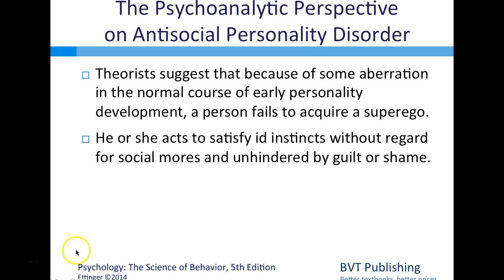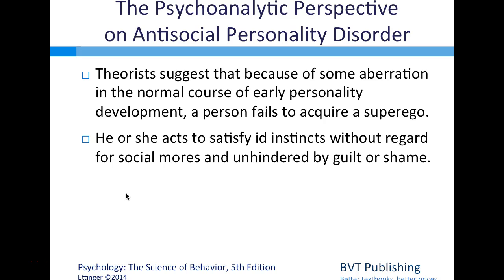Okay, the psychoanalytic perspective. Theorists suggest that because of some aberration in the normal course of early personality development, a person fails to acquire a superego. Remember that your superego is the thing that's all about the morals and the rules, right? And it's the opposite of the id, which is all impulse.